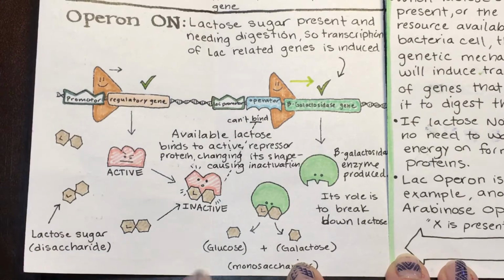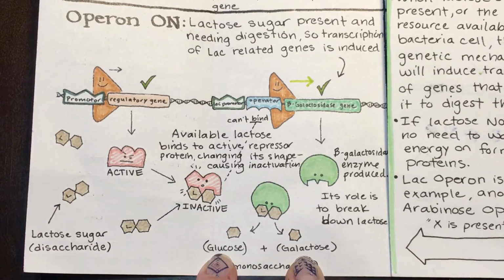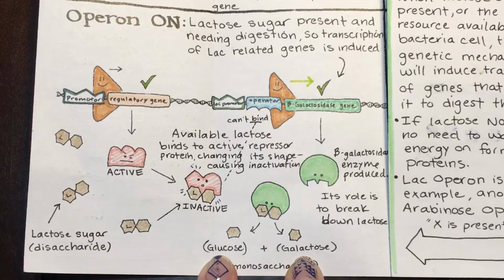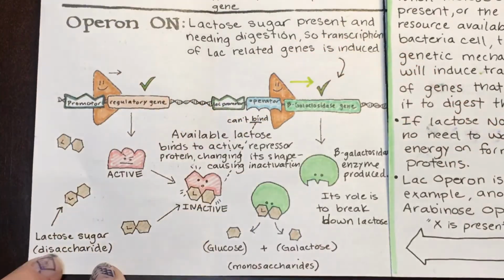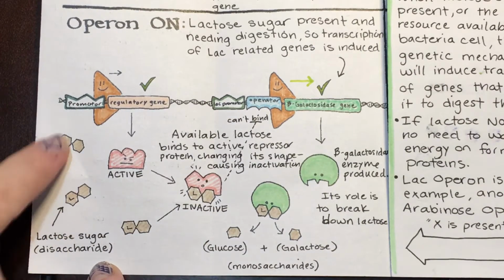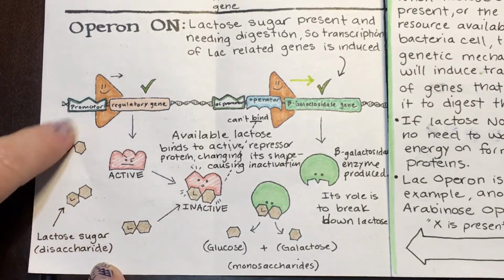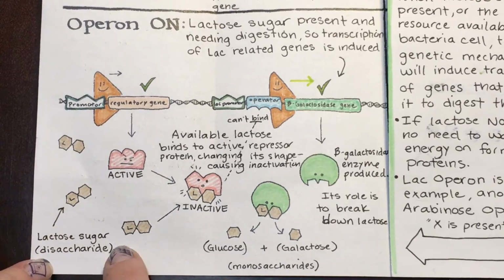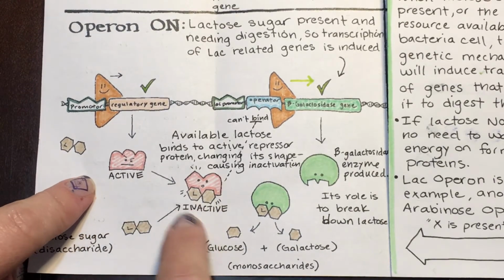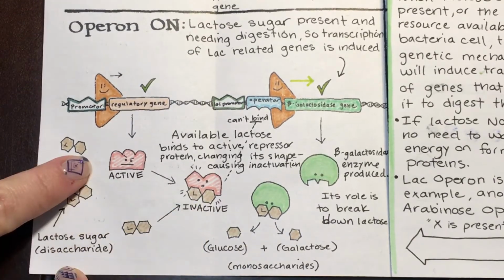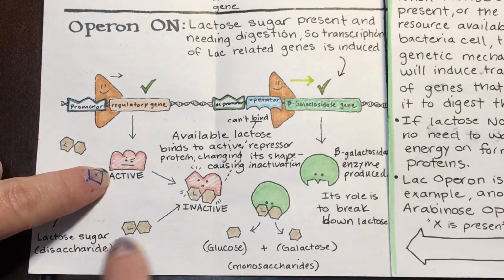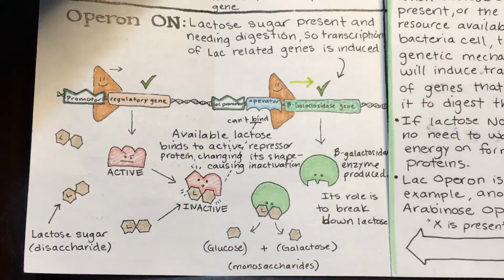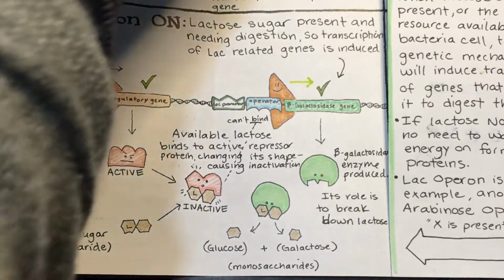Lactose sugar is actually a glucose and a galactose, a 5 or 6 ring sugar, I don't remember, but they're connected to each other as a disaccharide, okay? So if that disaccharide is present, that lactose sugar actually has a binding relationship with the repressor protein, again getting made in its active form. But if it does that, it's going to change its shape.